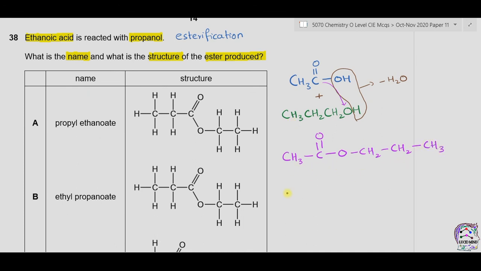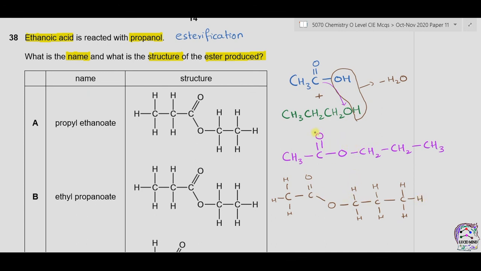We can also show all bonds of carbon atoms like this. We have 3 hydrogen atoms with the first carbon, double bond oxygen with the second, single bond oxygen, then carbon with 2 hydrogen atoms, then again carbon with 2 hydrogen atoms, and then carbon with 3 hydrogen atoms.